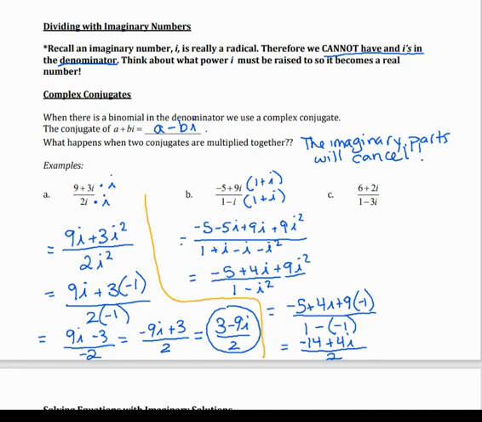Notice everything in my numerator is divisible by that denominator of 2. So I can divide this to say negative 7 plus 2i. And there's my answer. If only the 14 was divisible by 2, then I would leave it as is. All right, you give C a try using the complex conjugate.